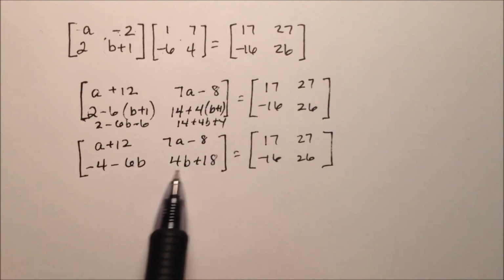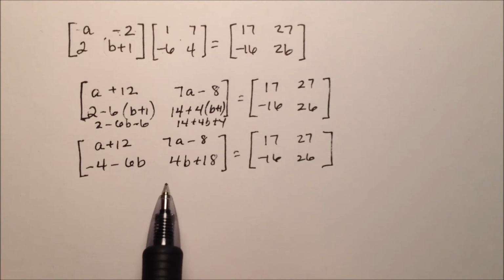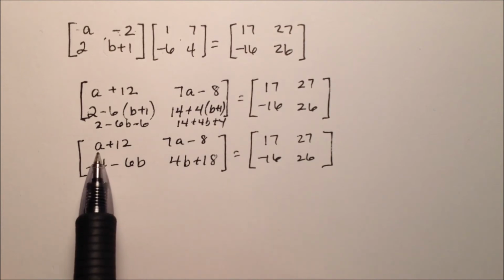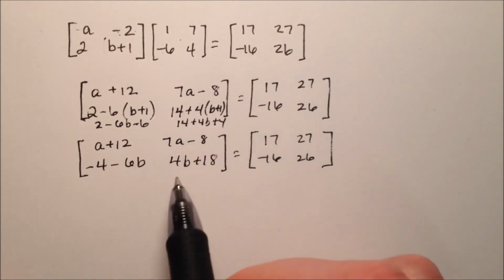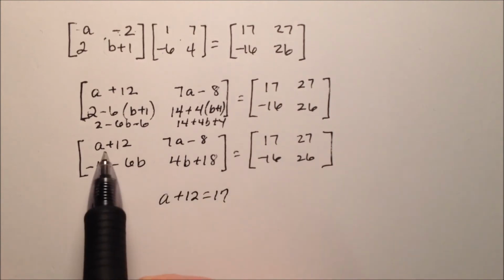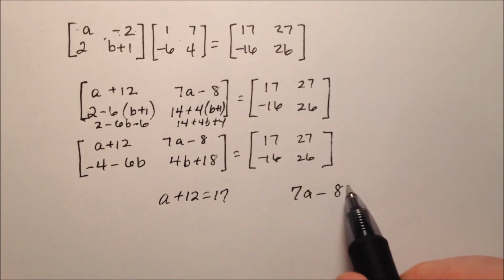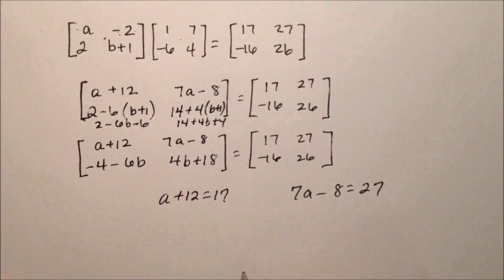Okay, so I have this 2 by 2 is equivalent to this 2 by 2. So it's interesting to note that I could write 4 equations. a plus 12 equals 17, because of the corresponding entries, row 1, column 1. I could also say 7a minus 8 equals 27.